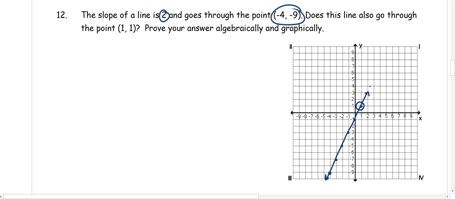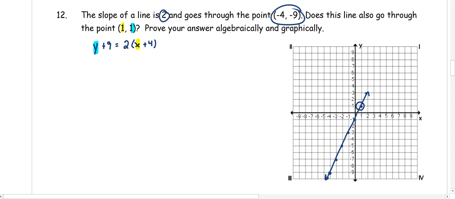Now we can also do it algebraically. So we're going to write the equation of the line. y plus 9 equals 2 times x plus 4. And then we're going to test using the point 1, 1 to see if both sides of the equation are equal. So we're going to put 1 in for x and 1 in for y.